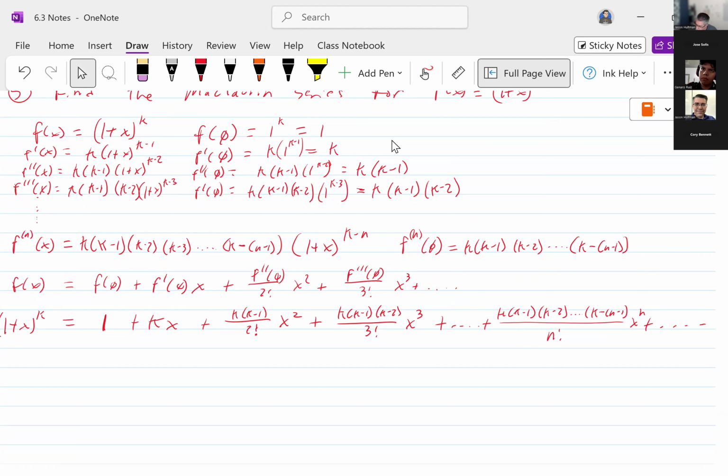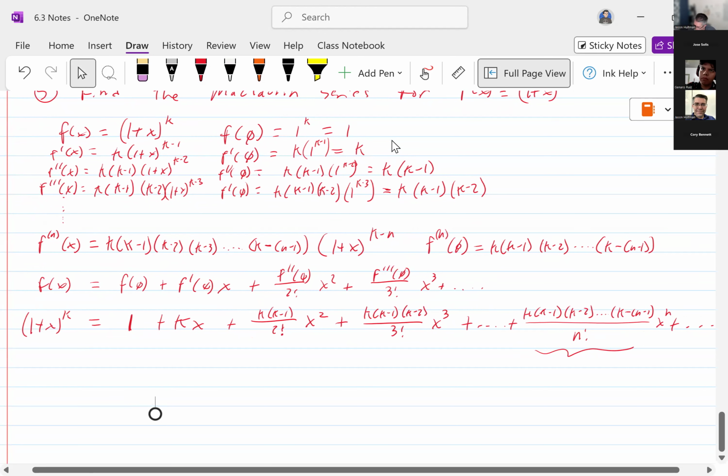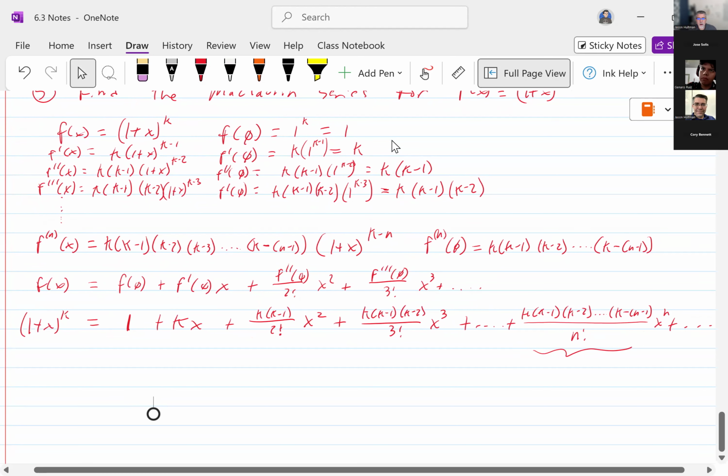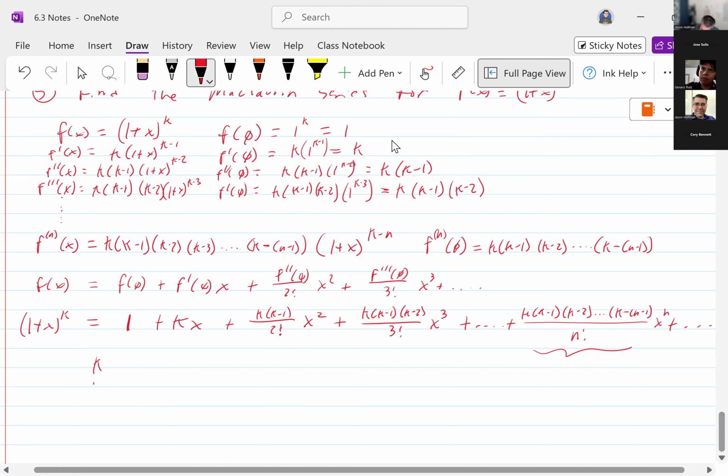Well, we have something for this pattern here, and it comes to us from probability. Binomial probabilities operate based on this type of a pattern where we say out of k items, choose n of them.